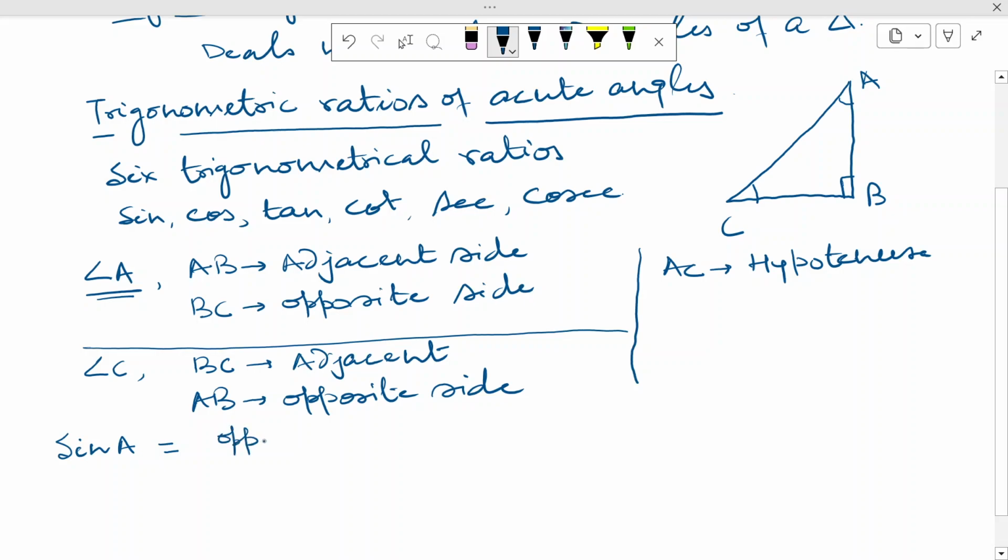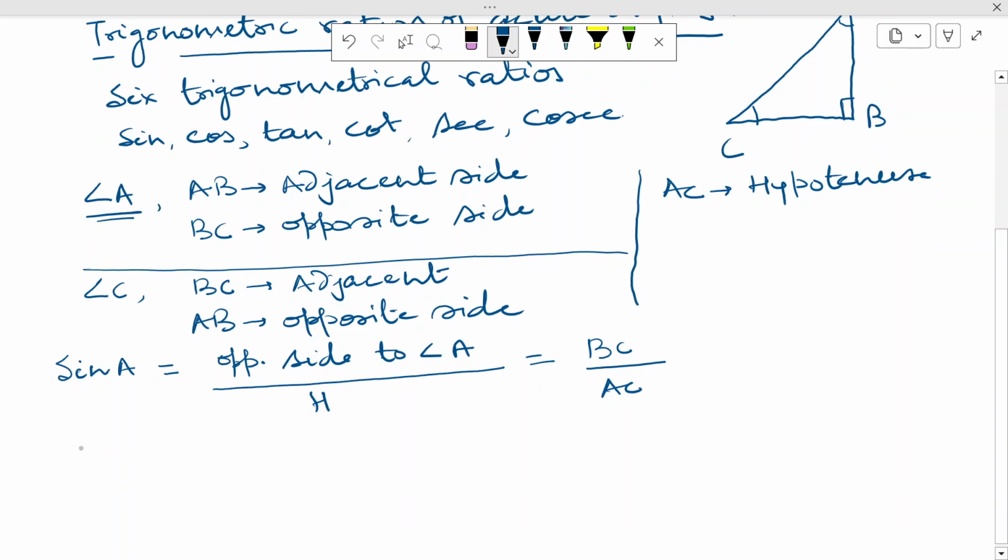So, here we will consider the opposite side to angle A divided by the hypotenuse. As you can see, for angle A, the opposite side is BC and the hypotenuse is AC.